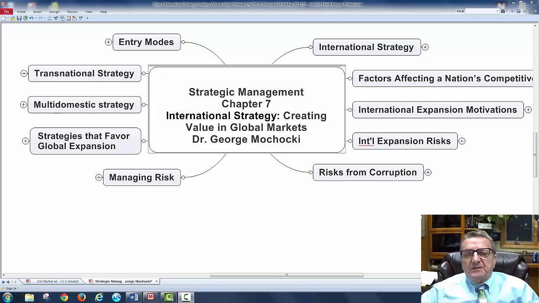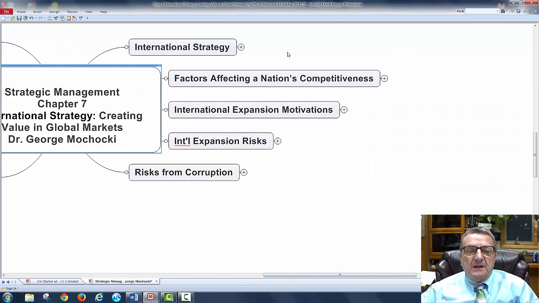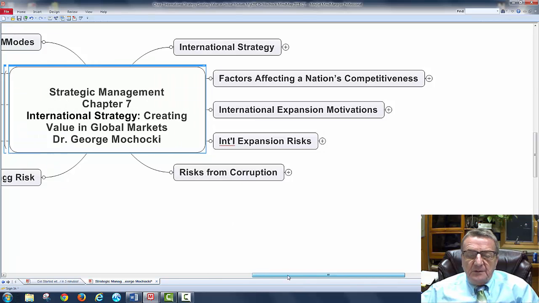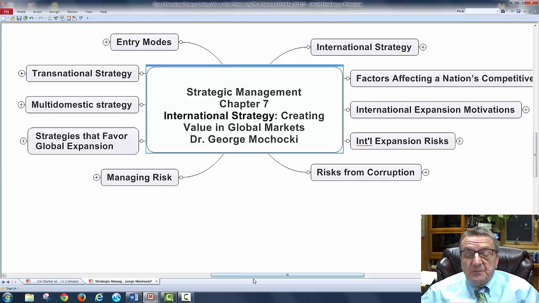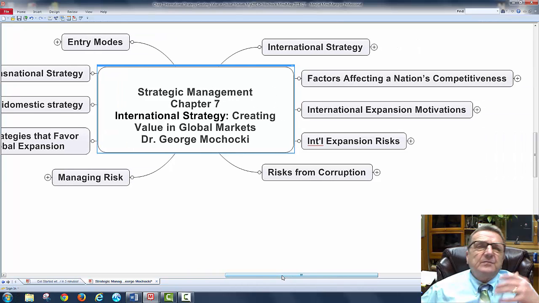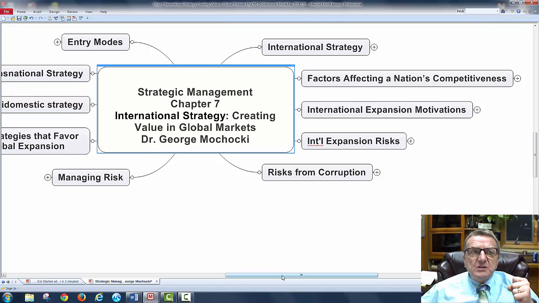Okay, so let's talk about international strategy. I'm going to give you a quick overview. We're going to talk about international strategies and factors affecting a nation's competitiveness. For me as a small business, which nation is more competitive than others? Then international expansion motivations.